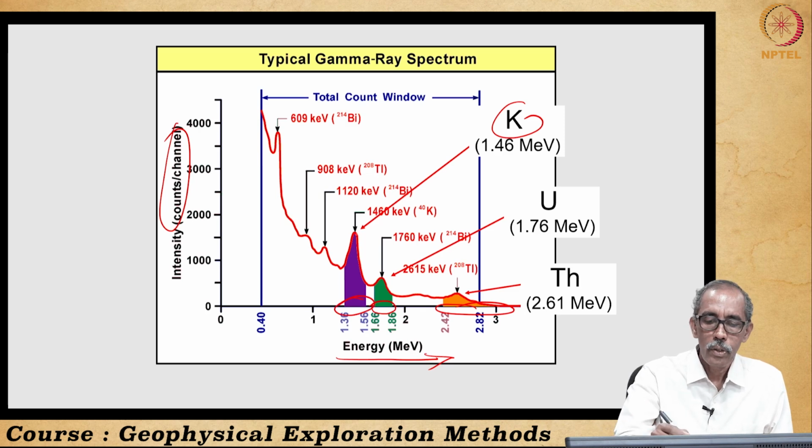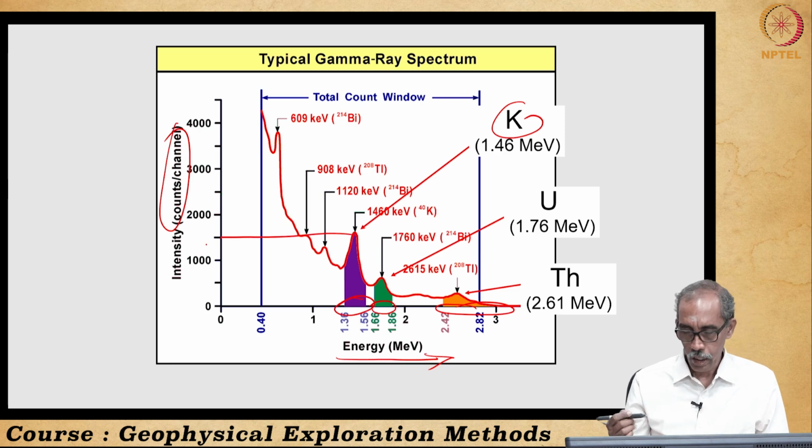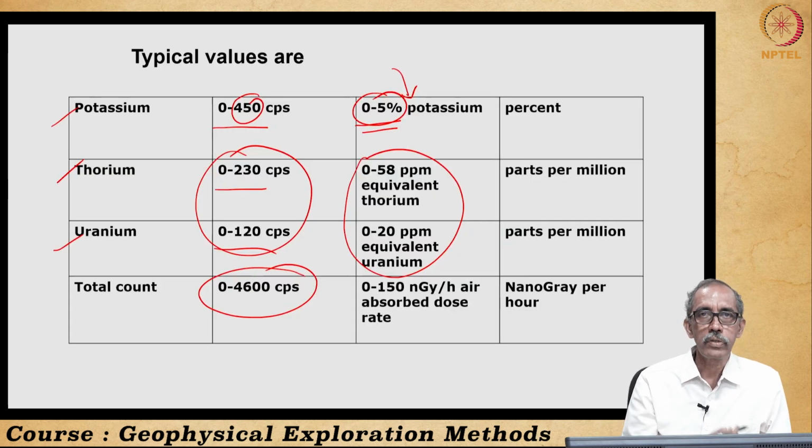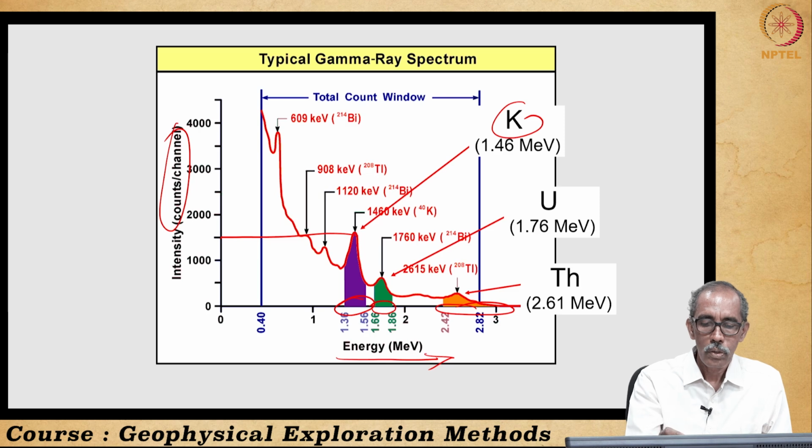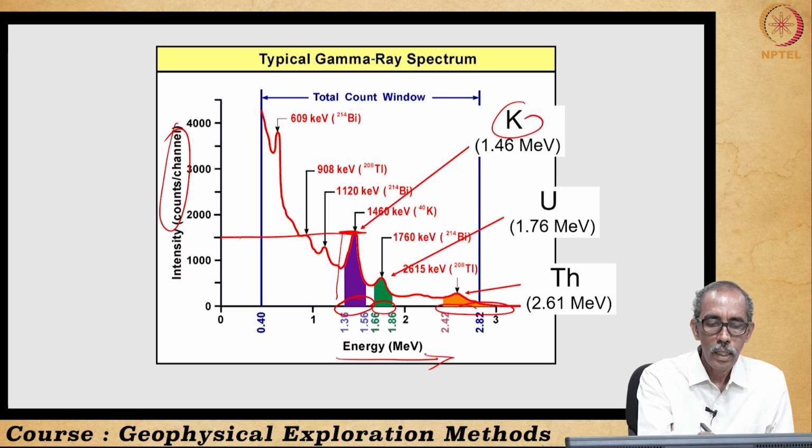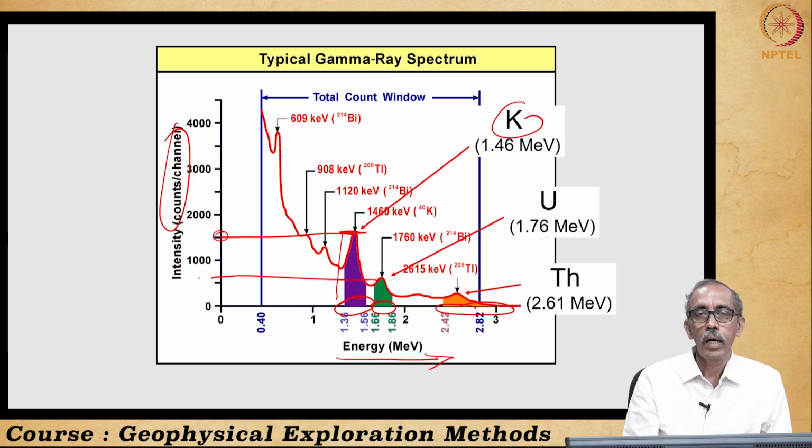The counts correspond to the concentration, as we have seen previously. Since we are getting the spectra of gamma rays, we are able to differentiate: this is the counts per second for potassium, using which we are able to get the concentration of potassium. Similarly, this is the counts for uranium, and we are able to get the concentration of uranium.